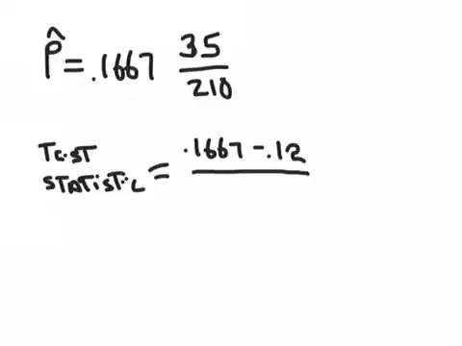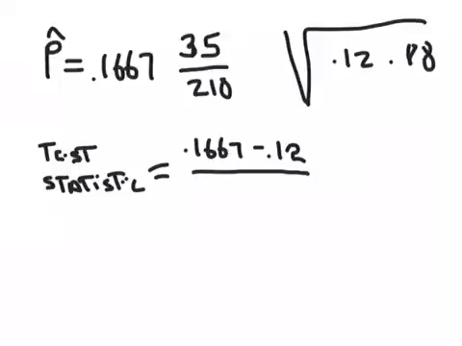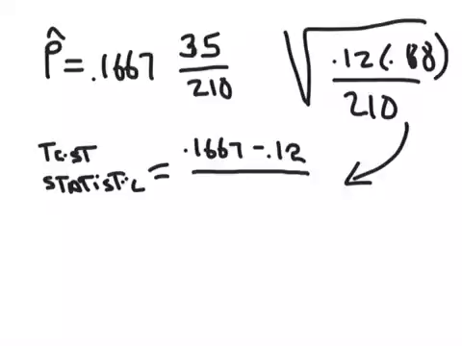How do we figure that out? Okay, remember, square root of 0.12 times 0.88, right? Whoops, that's kind of messy. And divided by how many we took, 210. That is our standard deviation. So that goes underneath. And let's see what that number is.